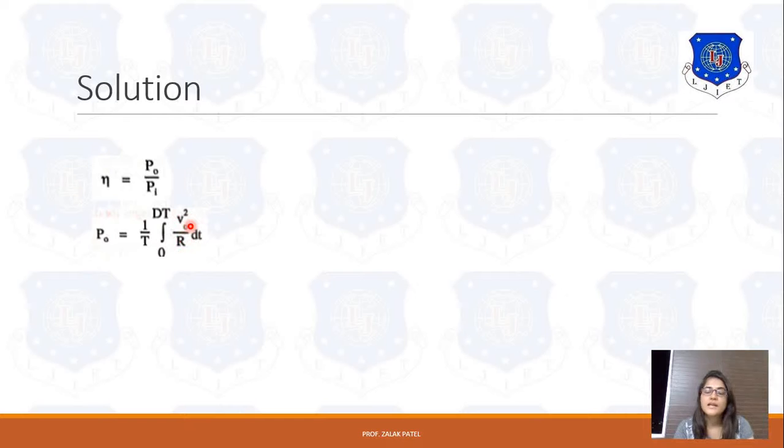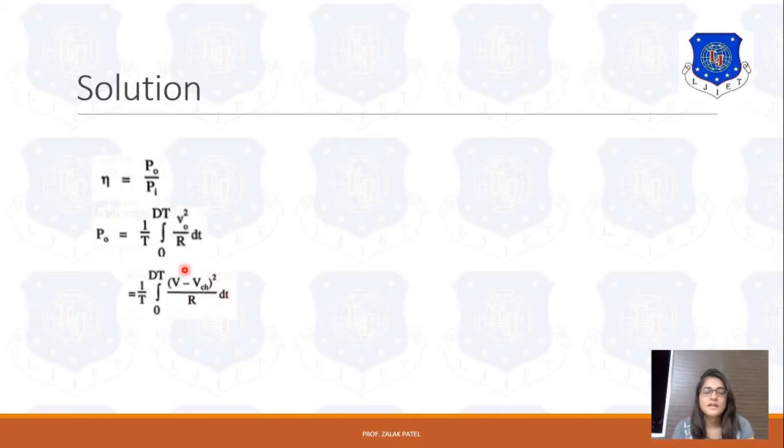Now if we integrate this, V0 is actually V minus V chopper, because the drop in voltage is due to the chopper operation. The total output voltage is the actual voltage minus the chopper voltage drop, so we write (V minus V chopper) square upon R dt.